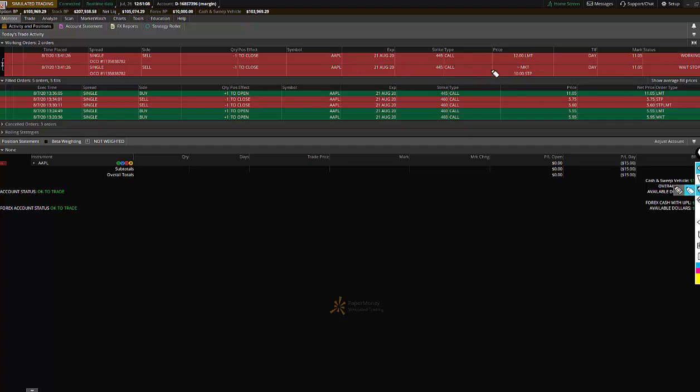This stop order, when and if it is triggered, is based on the mark. If the mark gets to $10 or lower, that turns into a market order sell. And so you can see over here, this says wait stop. It means that it has the order, but this thing is trading 10.85 right now. So a $10 stop is not going to get hit.